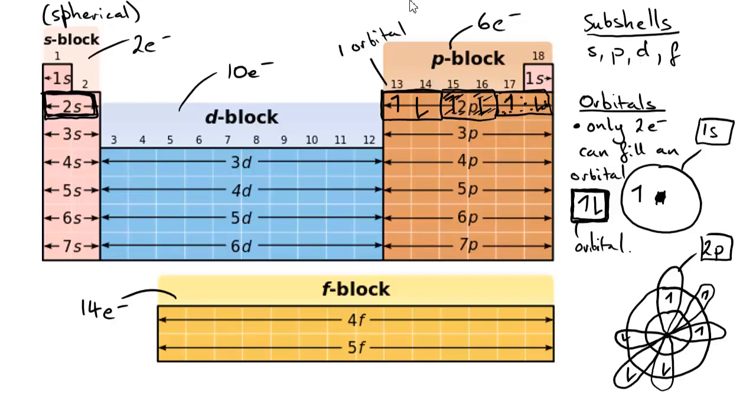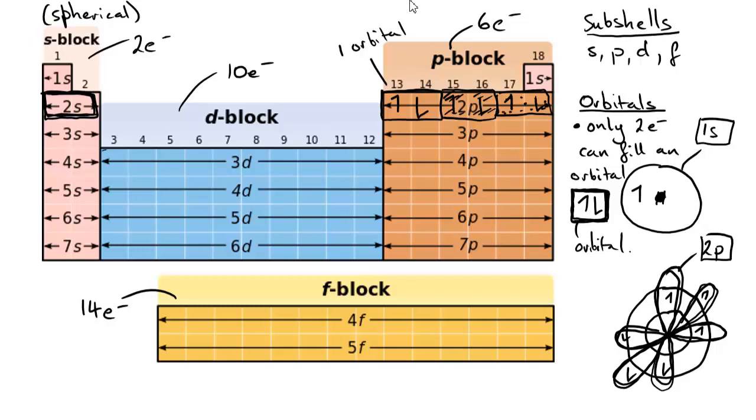Within that 2p subshell there are 3 orbitals: this is the first orbital here, this is the second orbital right there, and this is the third orbital right here. So it's very complicated to consider these atoms in a 3-dimensional space, and I don't want you worrying too much about the geometry, but it is important to be able to visualize it. If you have a look at the D block, it's even more complicated, and this is where my artistic talents are not going to be able to draw a D block.